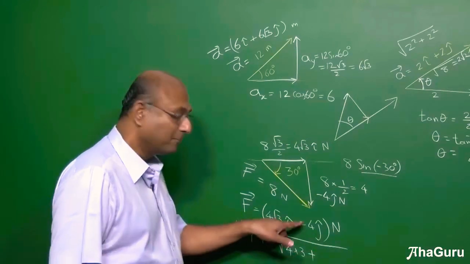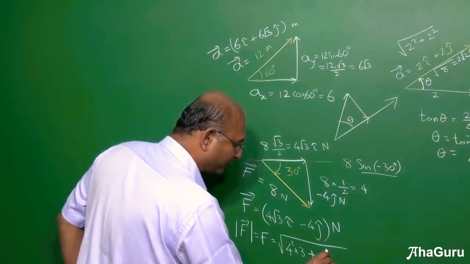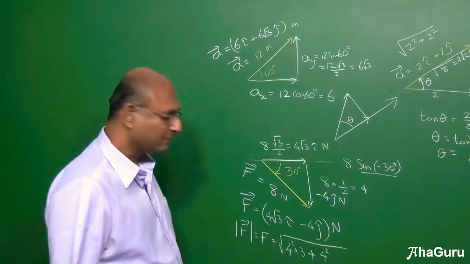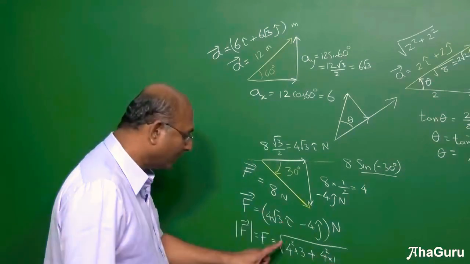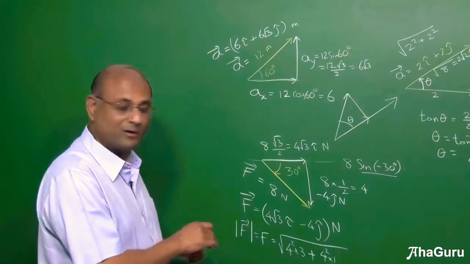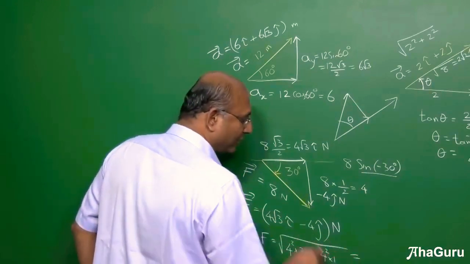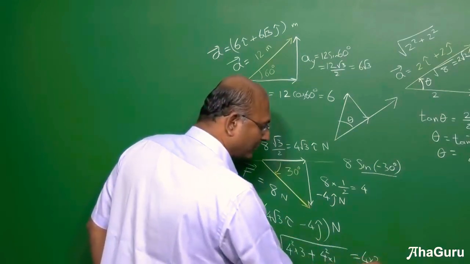Plus minus 4 squared; minus 4 squared and 4 squared are the same, so just 4 square into 1. So we have 4 square into 3, 4 square into 1, 4 square into 4. What is the root of 4 square into 4? Root of 4 square is 4 and root of 4 is 2. So you will get 8.